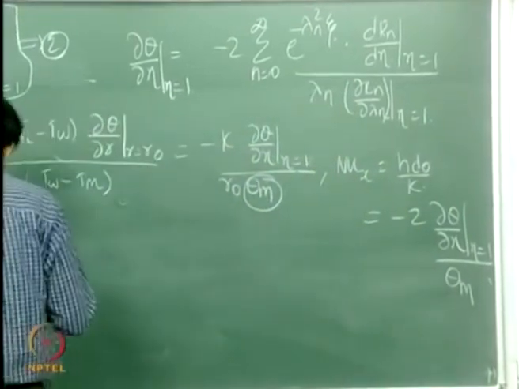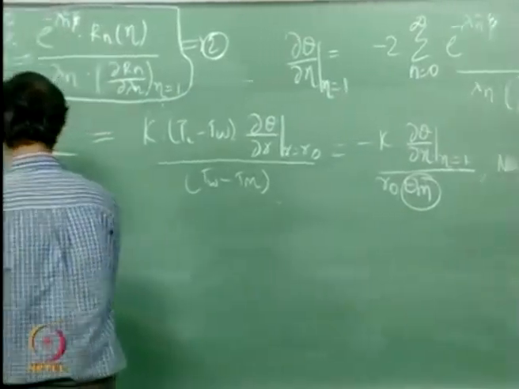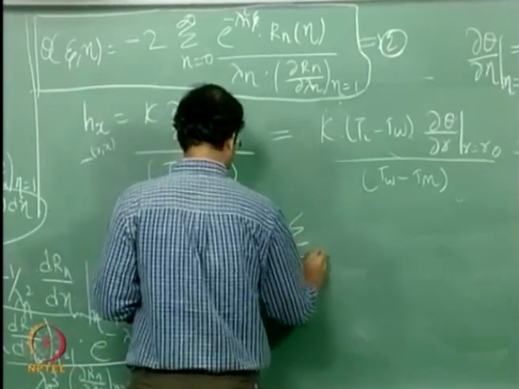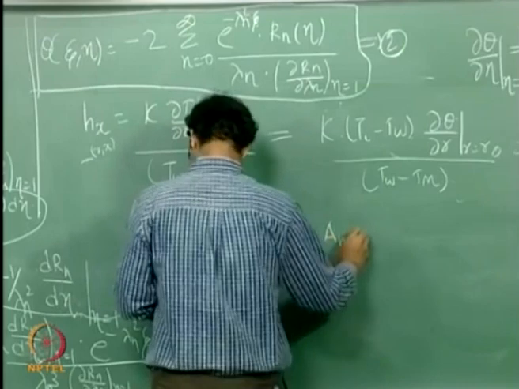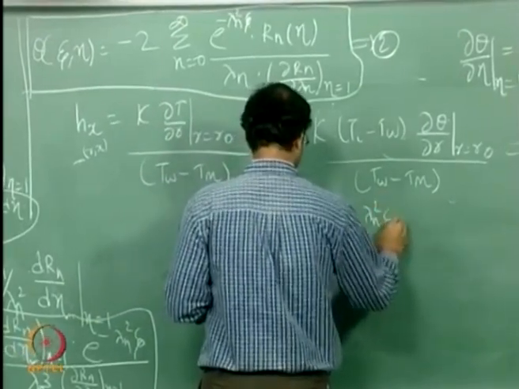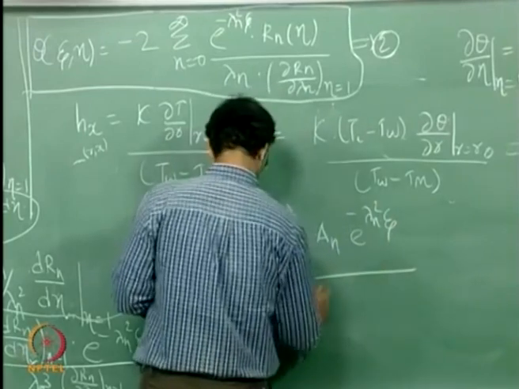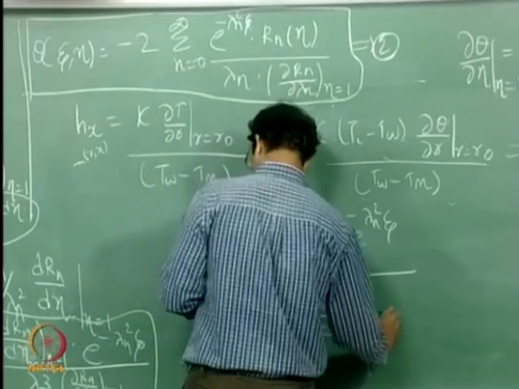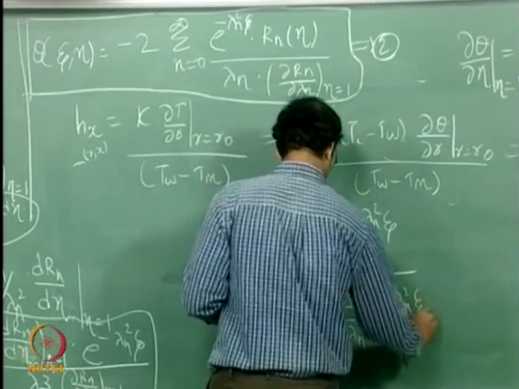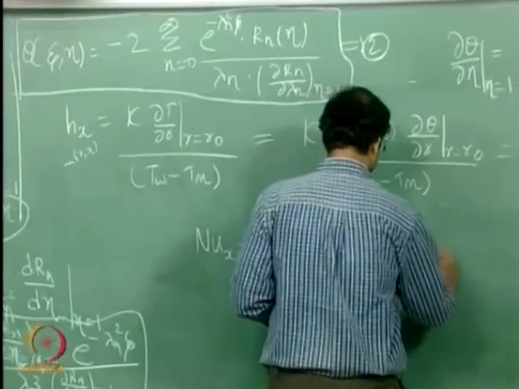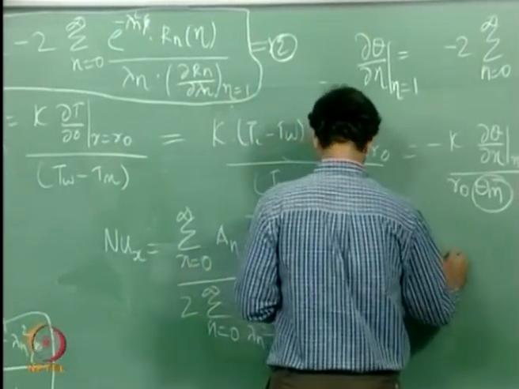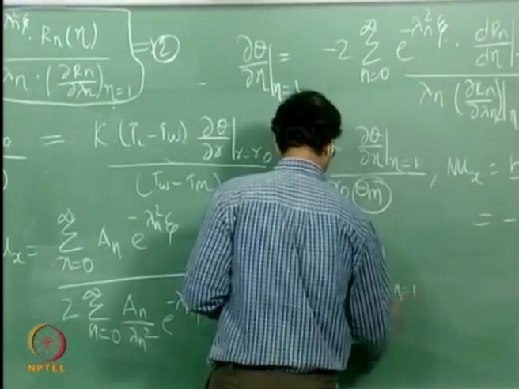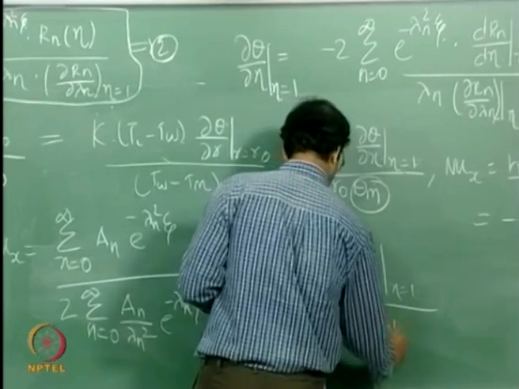I can substitute for d theta by d eta and theta m, so that gives my nux as summation n equal to 0 to infinity a n e power minus lambda n square zeta divided by twice summation n equal to 0 to infinity a n by lambda n square e power minus lambda n square zeta, where a n is nothing but drn by d eta at eta equal to 1 divided by lambda n into drn by d lambda n.